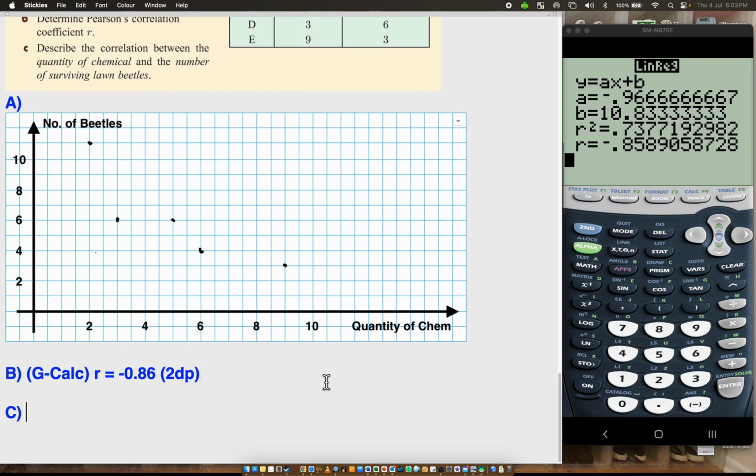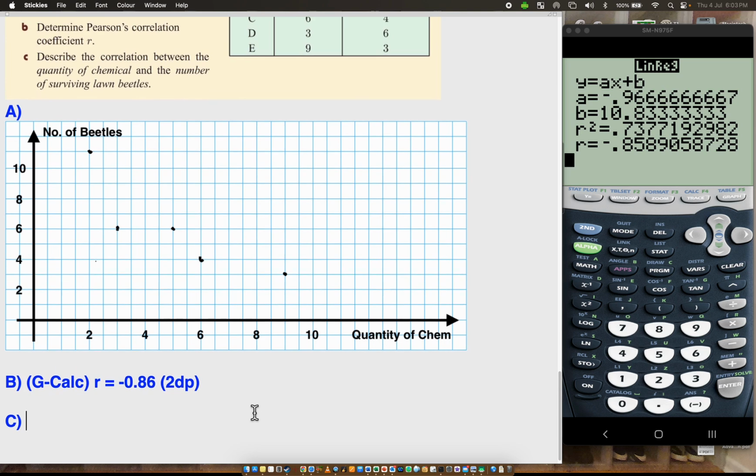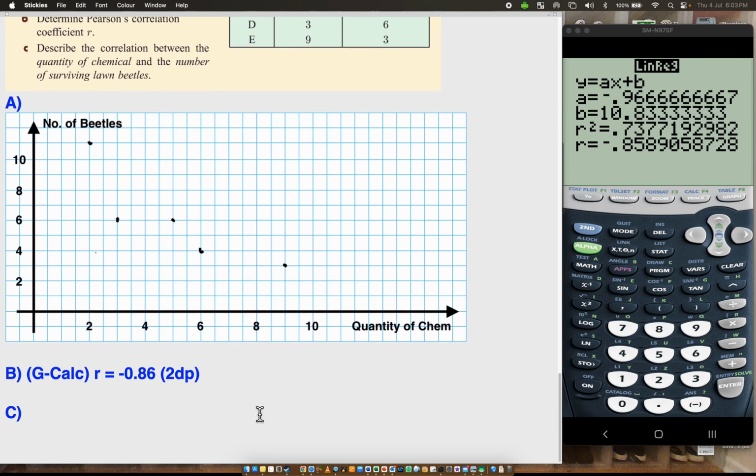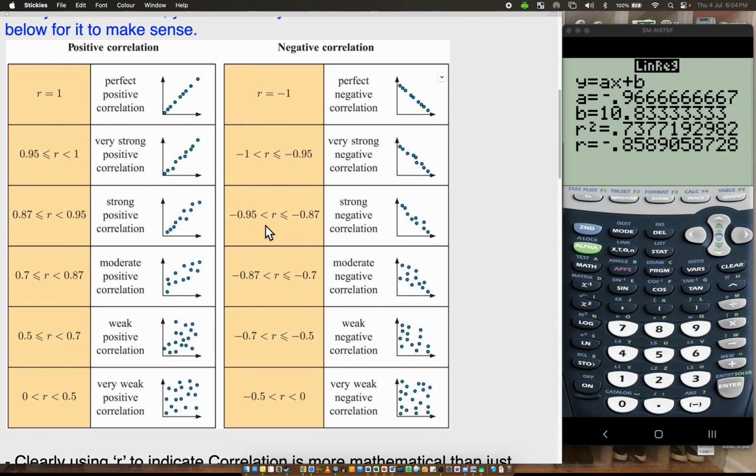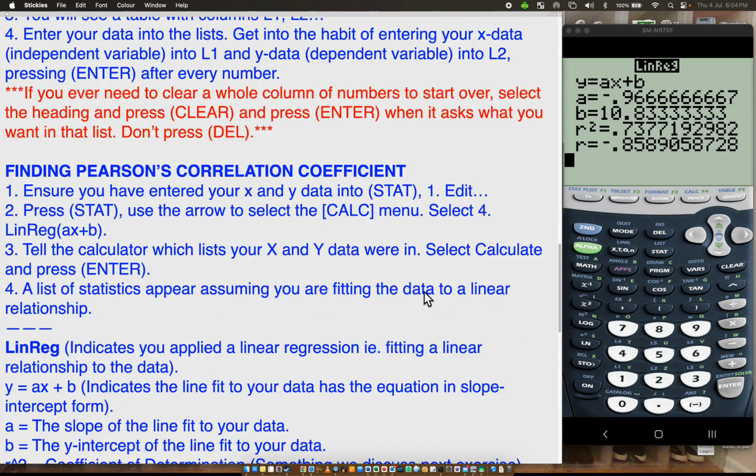And describe the correlation between the quantity of chemical and the number of surviving lawn beetles according to R. The correlation is... So now we look at the table. It's 0.86, so it's between 0.7 and 0.87, so it's a moderate negative correlation.